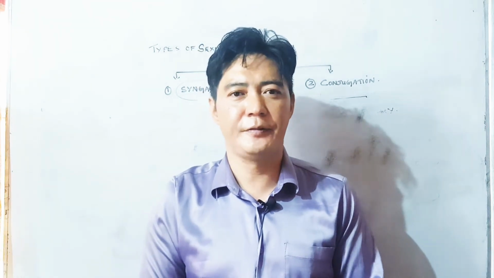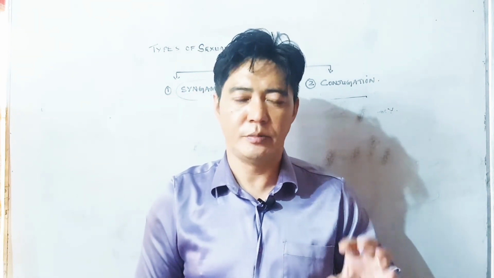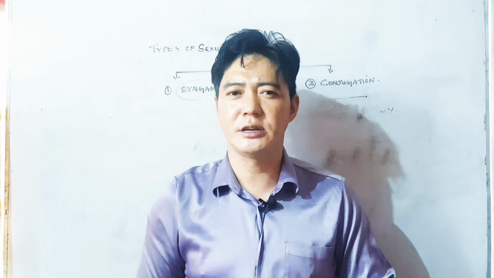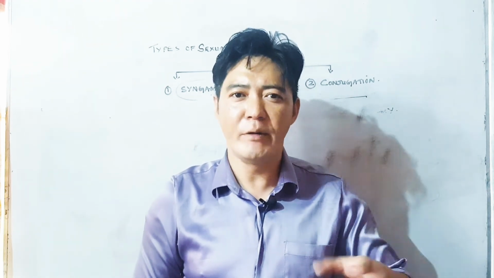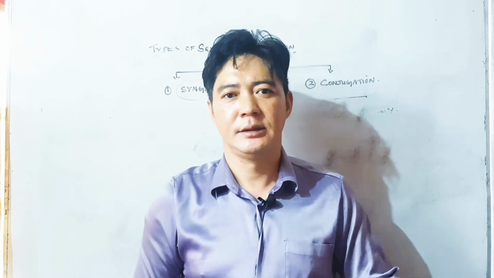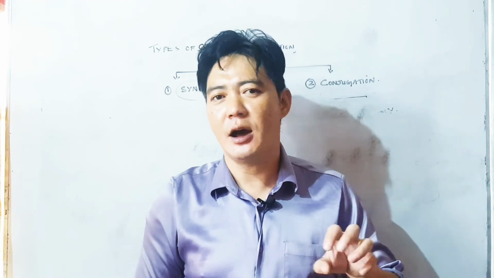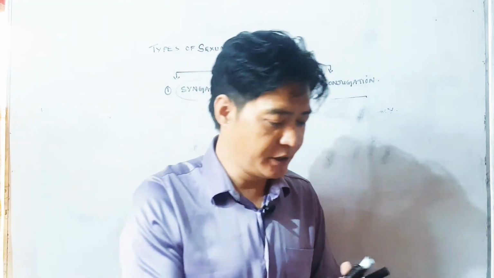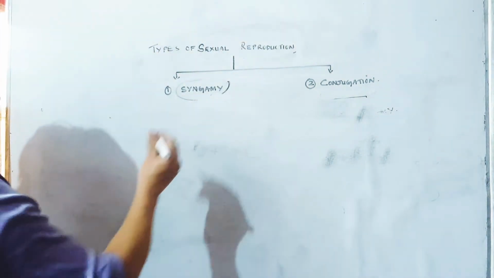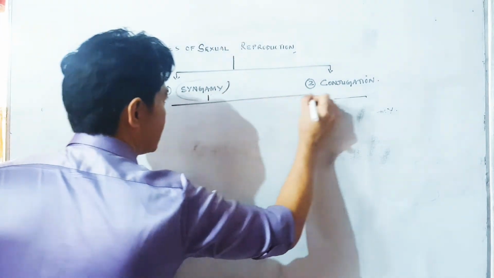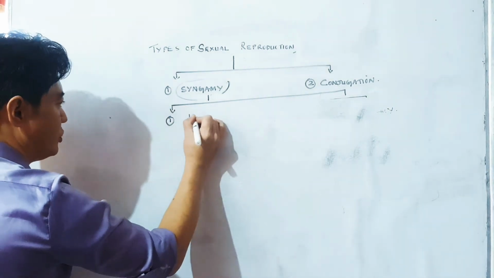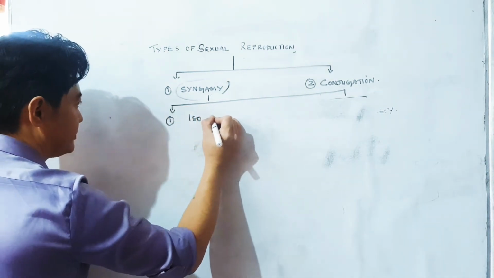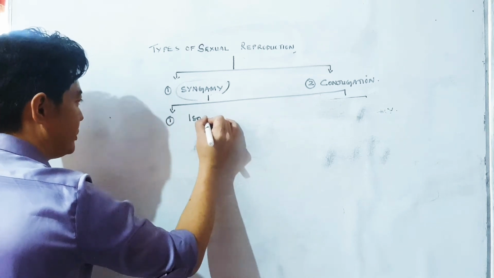On the basis of structure, morphological structure, or you can say shape, size, mobility, syngamy is of three types, that is number one, iso means similar, isogamy.